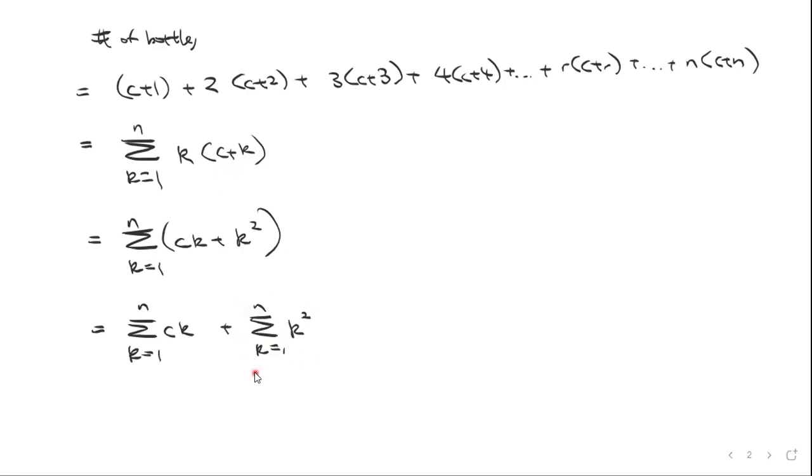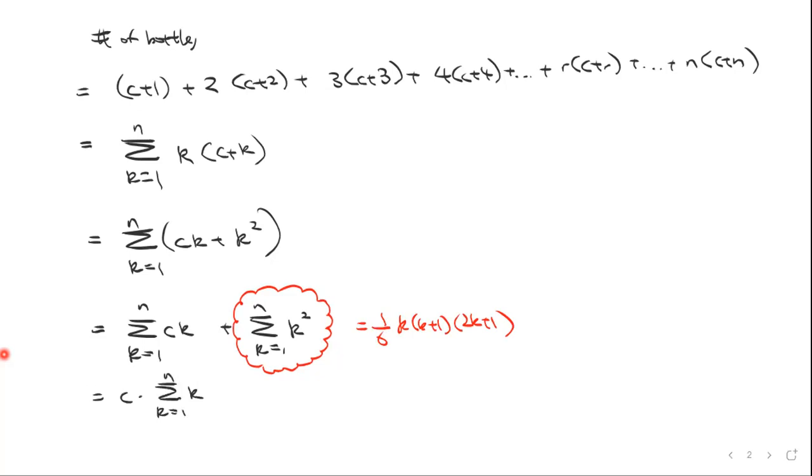Now you've been given the answer to this. Always pay attention to the information in the question. You're told that you can assume the sum of the squares is equal to 1 over 6 times N, times N plus 1, times 2N plus 1. Remembering C is a constant, it's just C times the sum from K equals 1 to N of K. Sorry, that one should be N at this point.